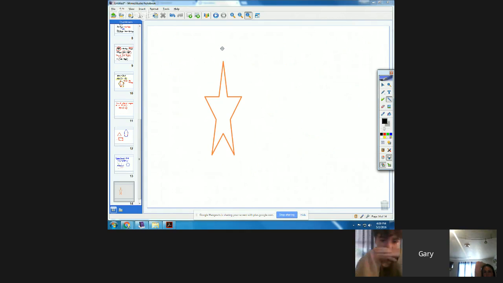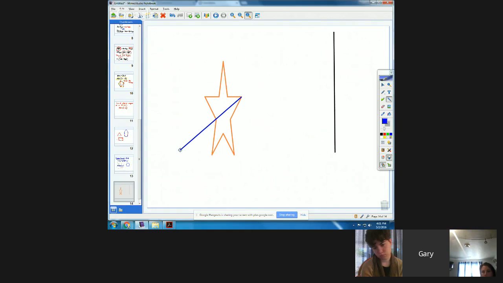Well, for sure, I can make this one right here. So there's one line of symmetry. The question is, if I move this line a different way, or if I rotate this figure, will it look the same? So if I try to draw a different line, like let's move this guy out of the way for a minute, and draw another one, let's pick a new color, like maybe through this one here, does that cut this figure in half?